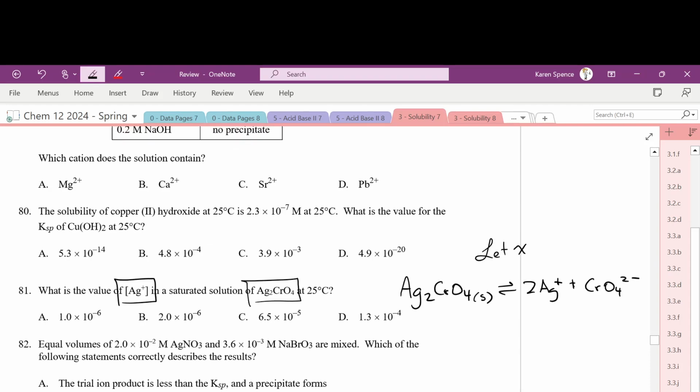Let's let X equal the solubility of Ag2CrO4, which means that this here is X, this is 2X, and this is X. You don't have to do all of this if you know that KSP is equal to 4x cubed. You can do it if you need to, but you can just say it's equal to 4x cubed. And I know the KSP because I can look it up in the data booklet.